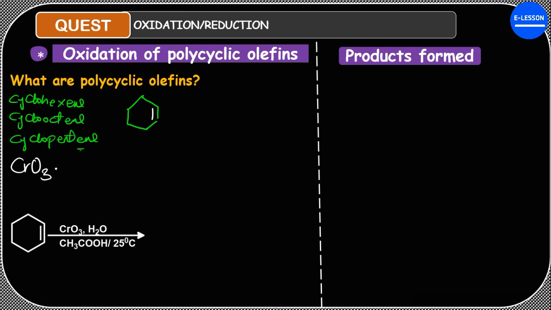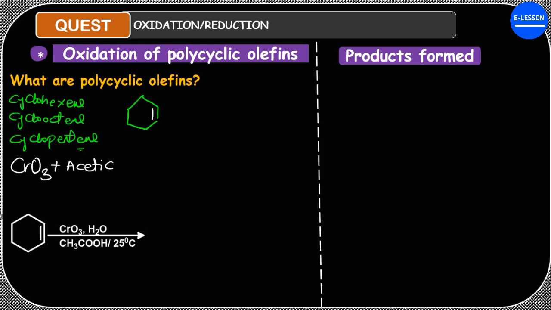Now, chromium trioxide plus acetic acid plus H2O forms a variety of products. This method is not a good synthetic tool for oxidizing alkenes, the reason being that it forms different varieties of product. Are you getting it? If you need a particular product in a higher yield, you will not be able to get it.